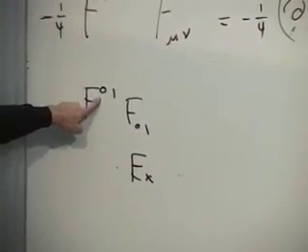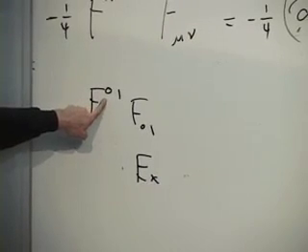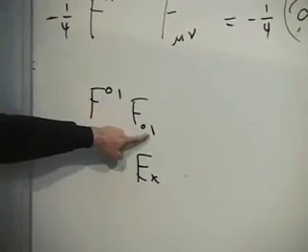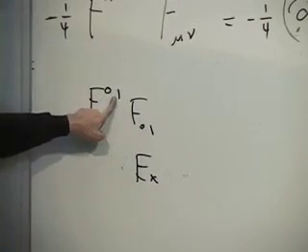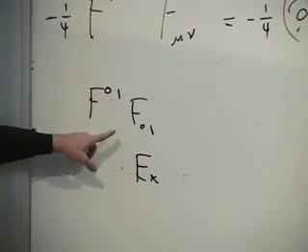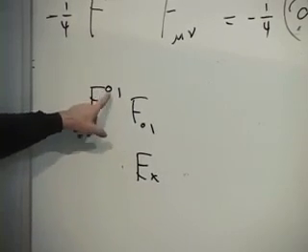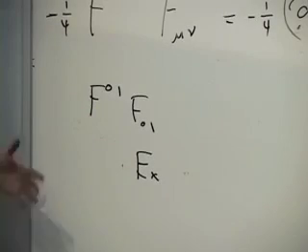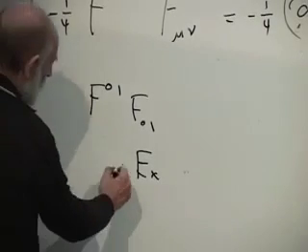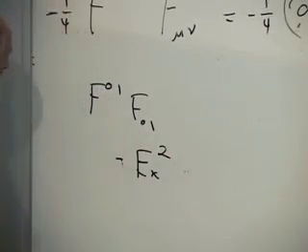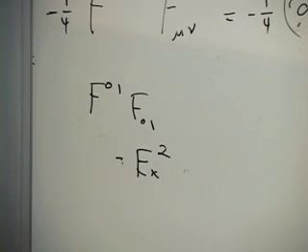What is it with the upper index here? When you raise a space component index, nothing happens. When you raise a time component index, the sign changes. All right? So this is proportional to minus EX squared. Right? There's a minus EX squared.